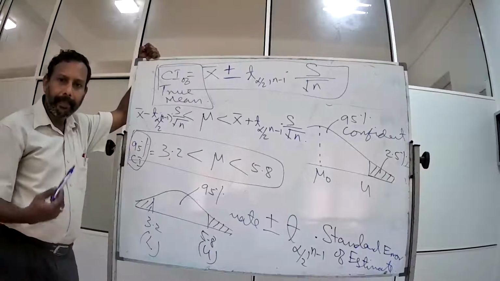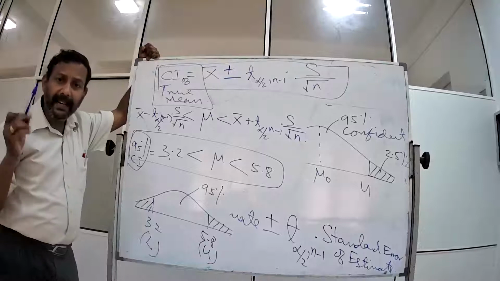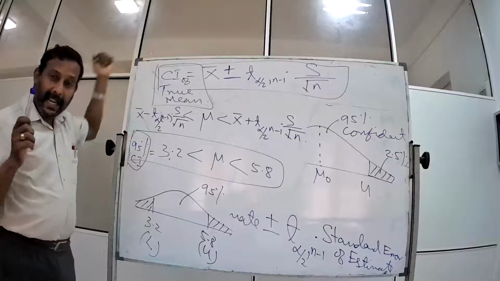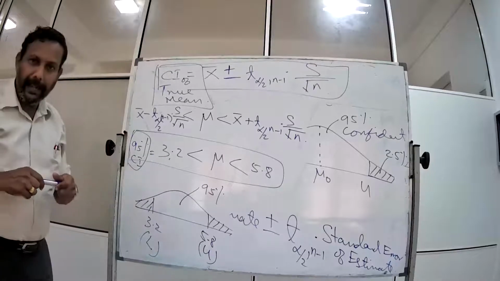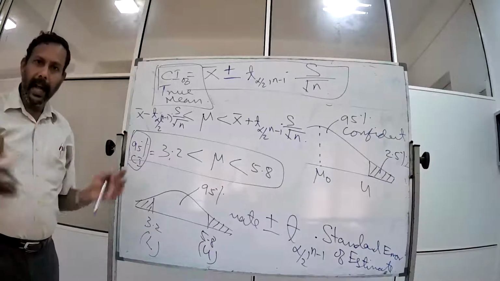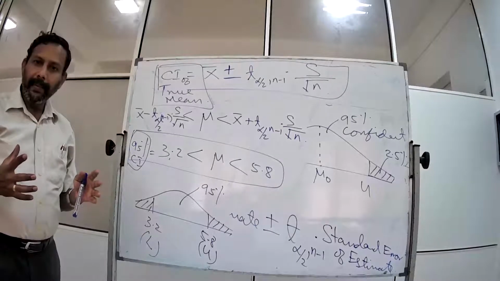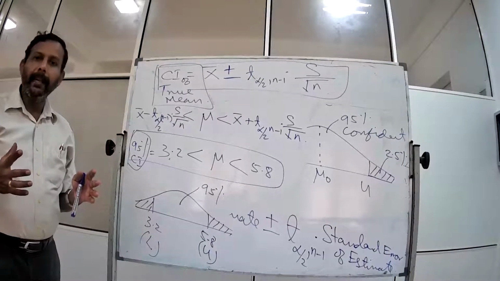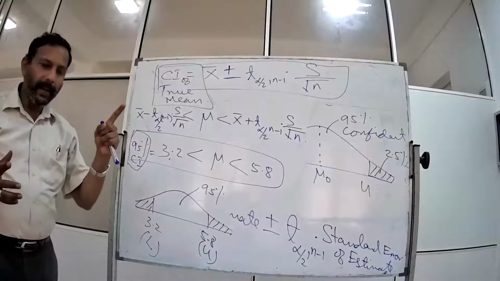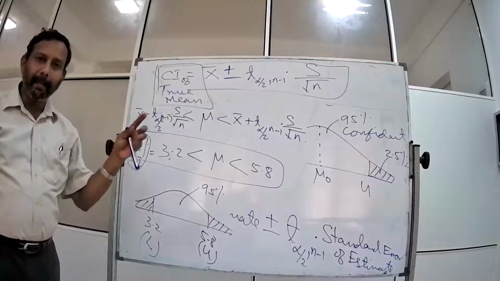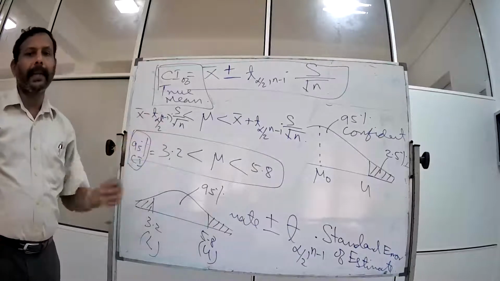That means I am almost 95% confident that the farmers in Sri Lanka are producing an average paddy yield between 3.2 to 5.8 metric ton per hectare.